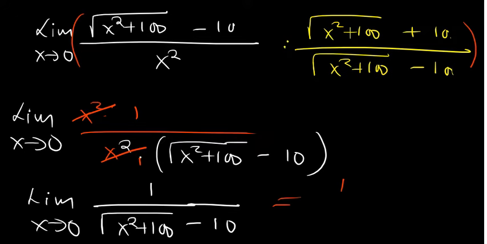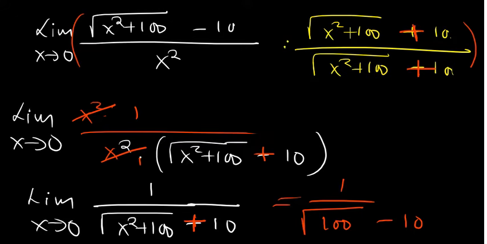So we have 1 over, whatever is x, we put a 0, so it becomes 0 squared plus 100, which is just 100, plus 10. Now, how is this happening again? Whatever you do to the numerator is supposed to be done to the denominator, so this is supposed to be a positive 10 as well.